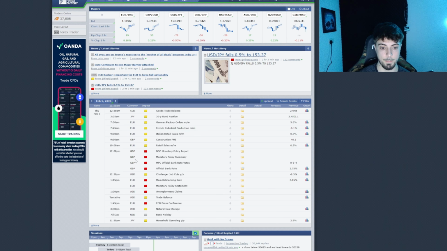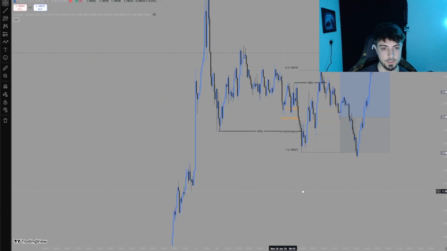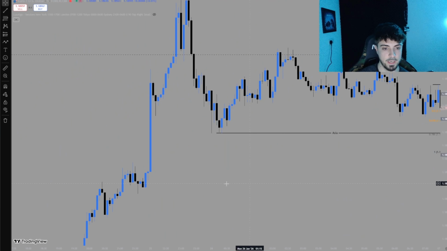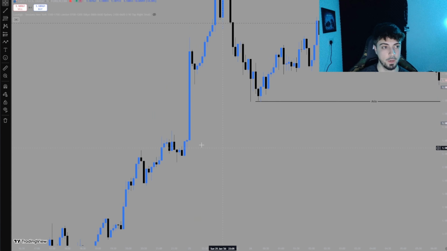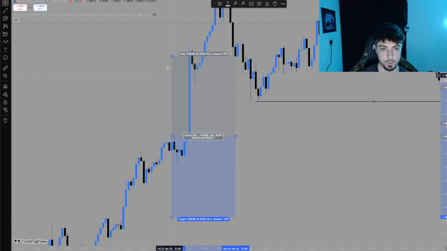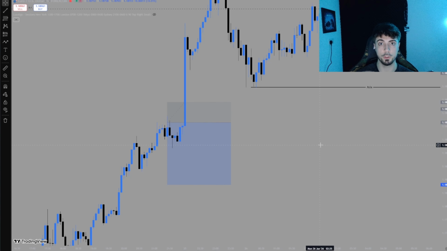Because these high impact news events, let me show you some examples in the market of how they can massively affect. So we can see here, really big move. I'm not sure if this was news, but this is an example of how news would move. Okay, 38.6 pip candle in 5 minutes. So if you were in sells here, for example, and you put your stop loss here, and that candle spawns in, because sometimes they do just spawn in.